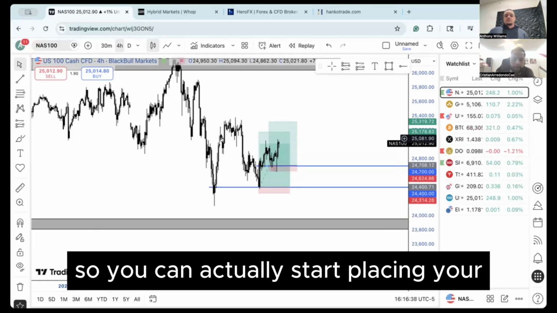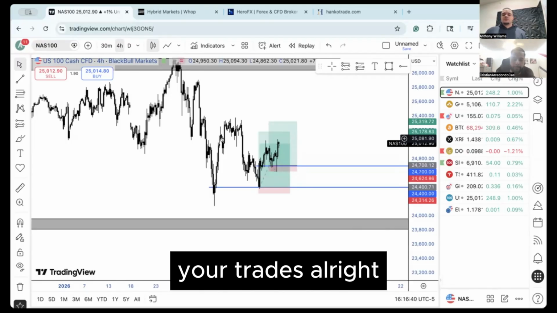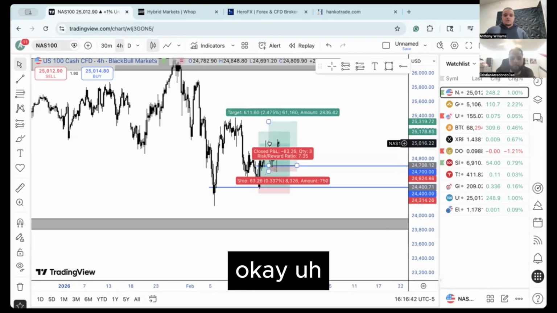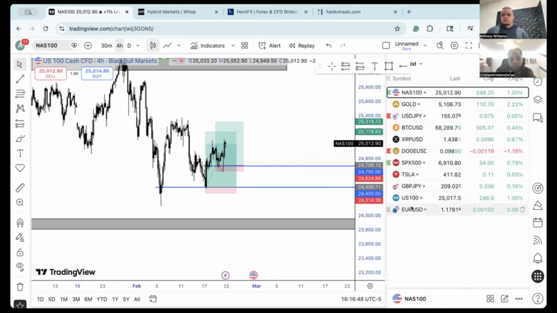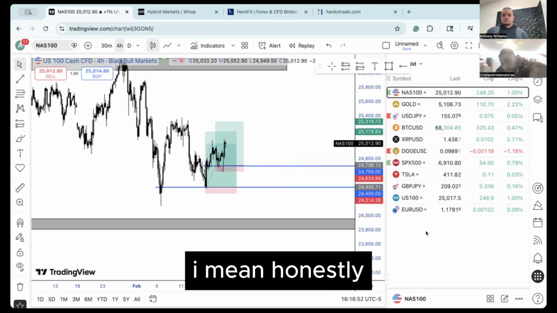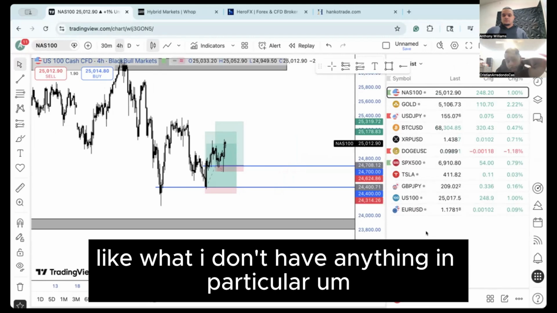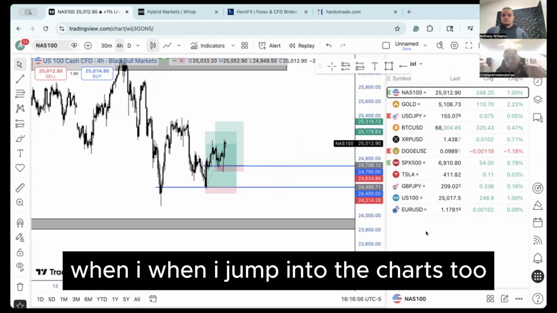So you can actually start placing your trades. All right. Okay. Do you like NAS 100 or Euro USD? I don't have anything in particular.